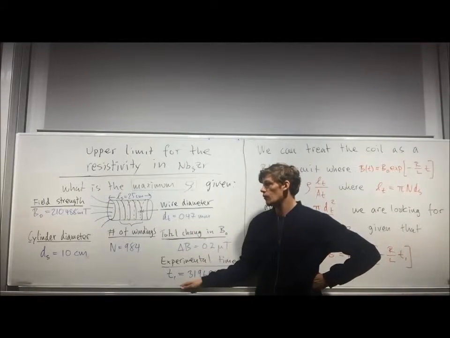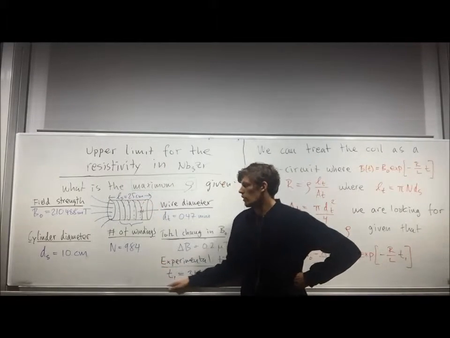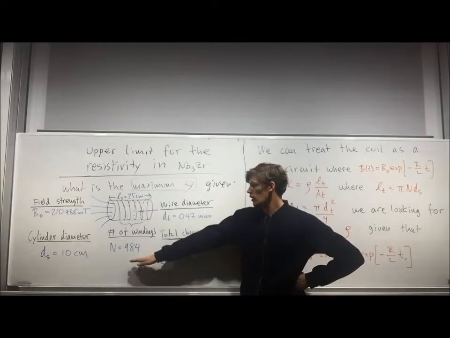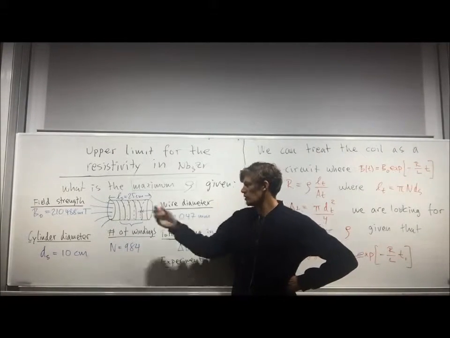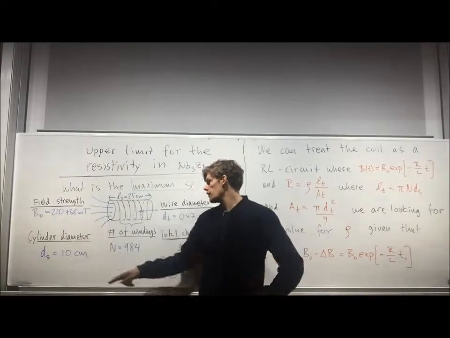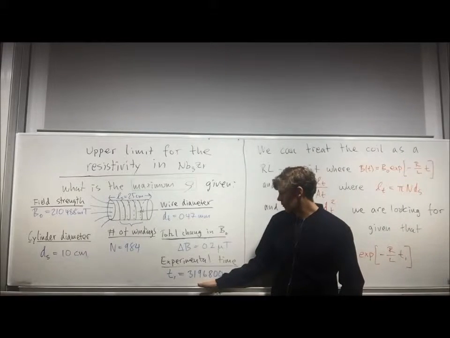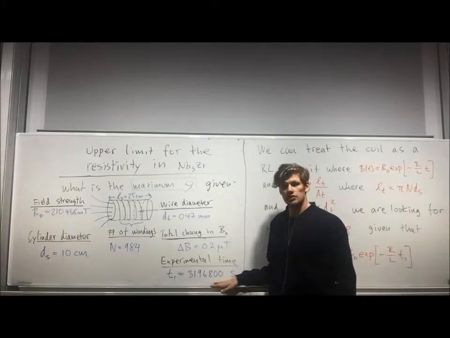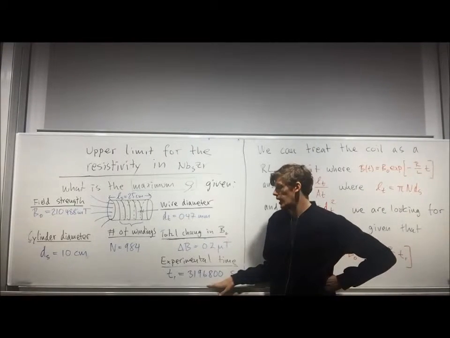They wound a wire around a cylinder, creating a coil where the number of windings was 984. They measured the magnetic field before, and then they waited for an experimental time equal to roughly 3 million seconds, as you can see here, which is equal to 37 days.